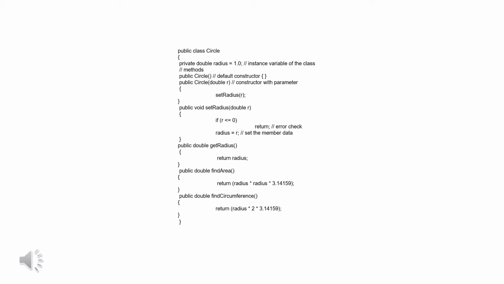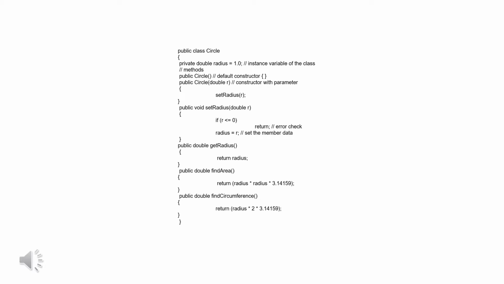We will have a sample of this class. And if we call the second one, we will have a sample of this class, but we have a value for the radius. So that's the difference between calling public circle and public circle double R. So these two are called constructors, okay?